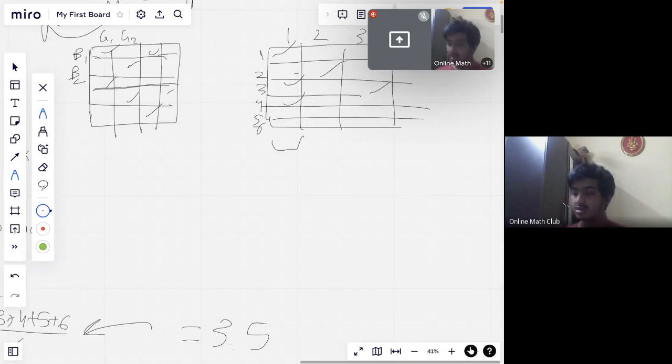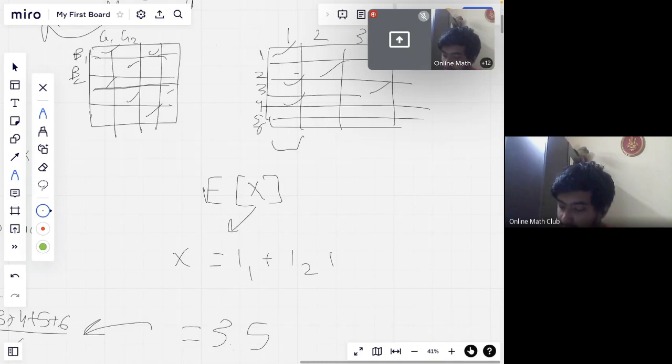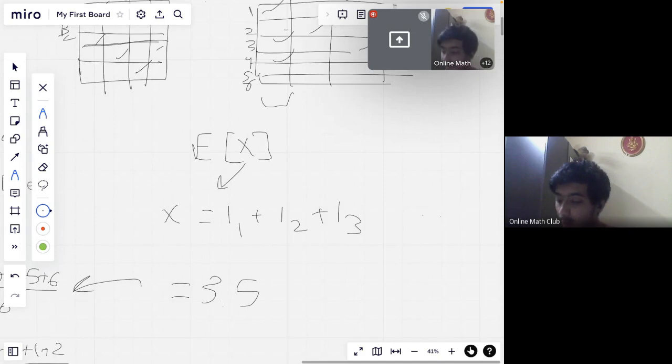So what I'm saying is that the expected number of problems, X, where X is the number of problems that both of them missed, is equal to I1 plus I2 plus I3 and so on up to I6.